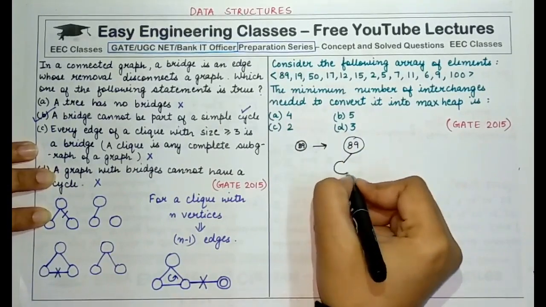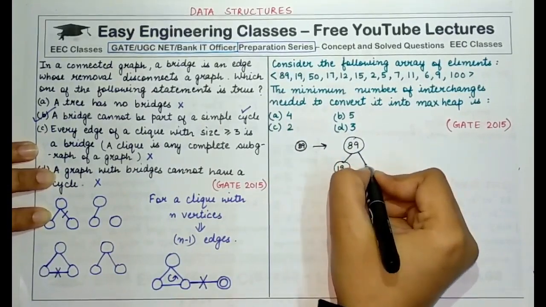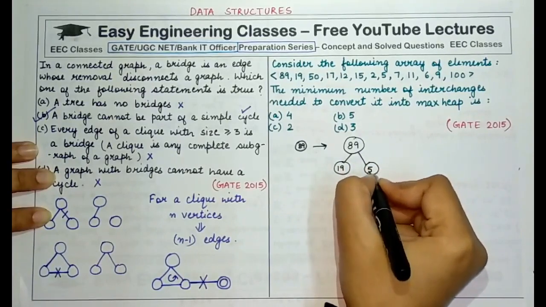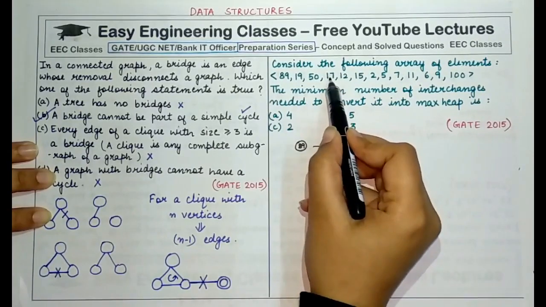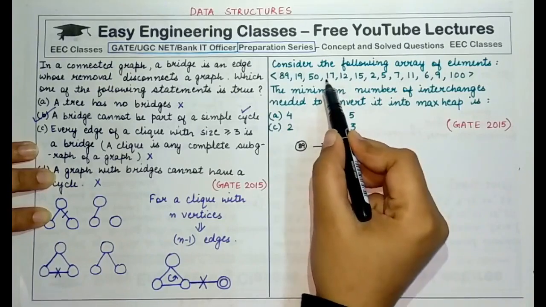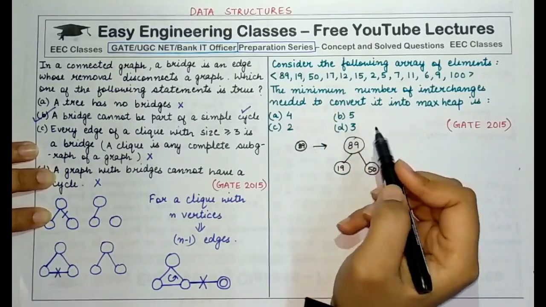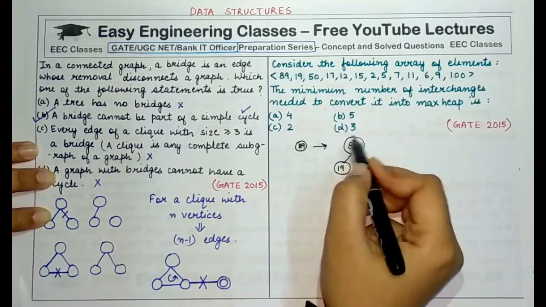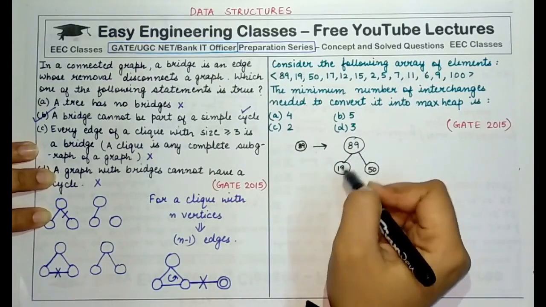left child is 19, then right child is 50, then 17 would again come, or it will occupy the place that is to the leftmost of the current constructed heap.